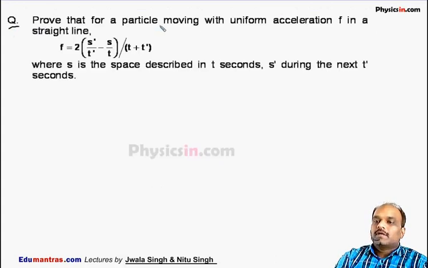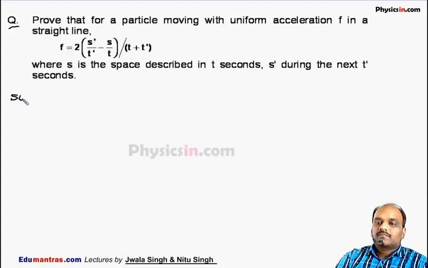Prove that for a particle moving with uniform acceleration f in a straight line, f is equal to 2 times s dash by t dash minus s by t, divided by t plus t dash, where s is the distance traveled in t seconds and s dash is the distance traveled in the next t dash seconds.